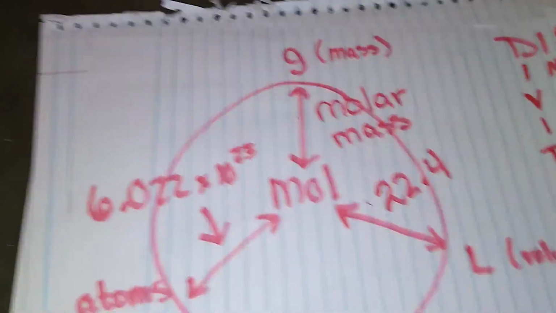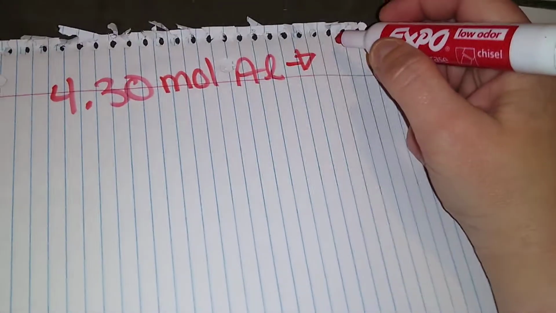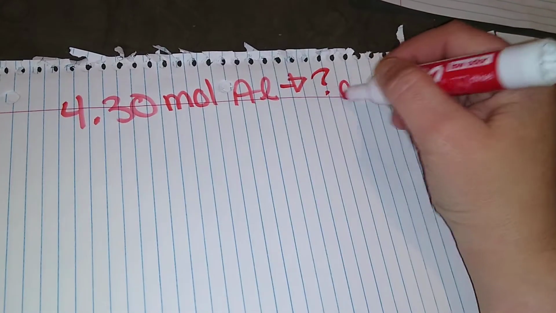So this time we want to know how many grams of aluminum are in 4.30 moles. So we're given 4.30 moles of aluminum, and we want to know how many grams.